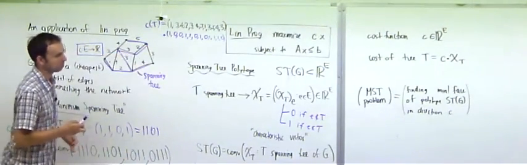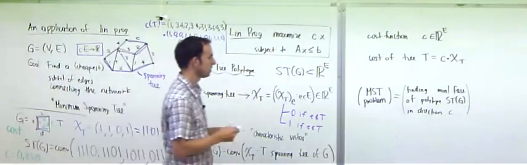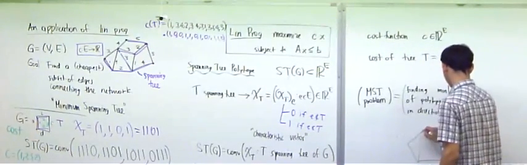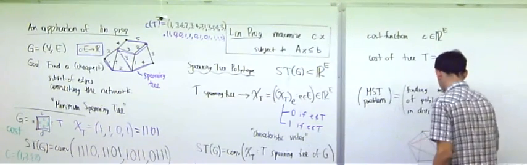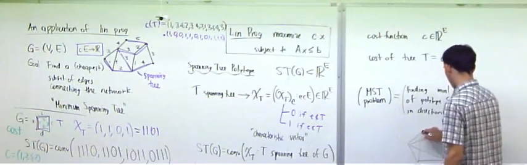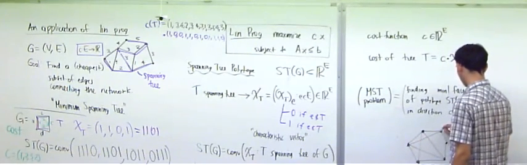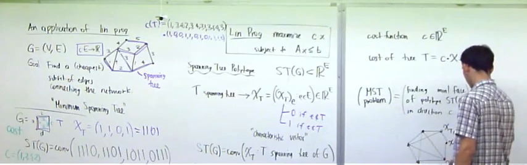And so then what that becomes is that I basically have this polytope, the spanning tree polytope, where every one of these vertices corresponds to the characteristic vector of one of the trees.